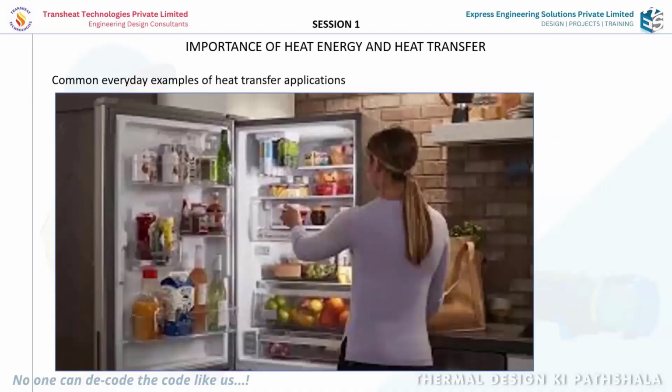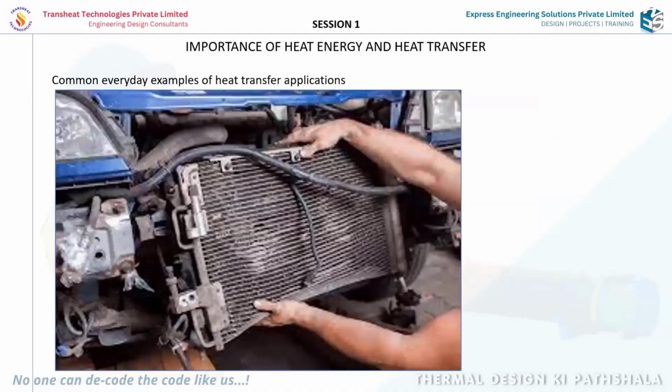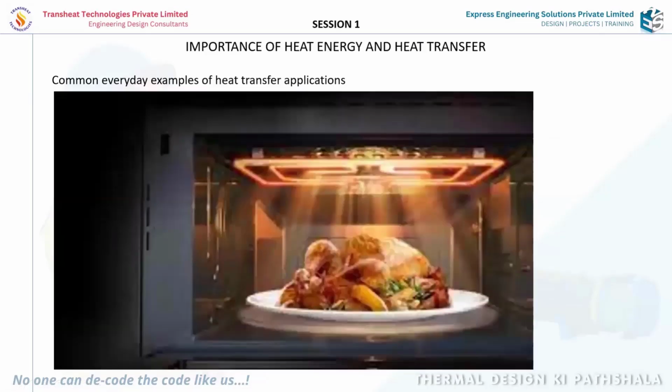Your refrigerator, your automobile radiator, where the fluid is cooled by air. This is a good example of an air cooler, though the form is slightly different. Then the microwave oven, which we use regularly at homes, is also heat transfer equipment.